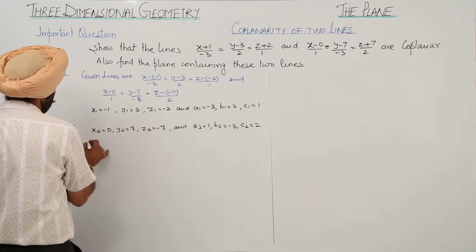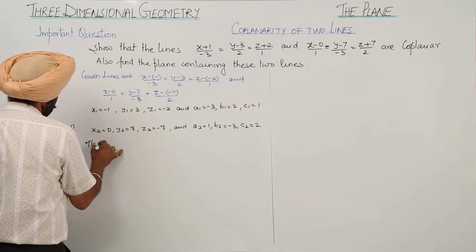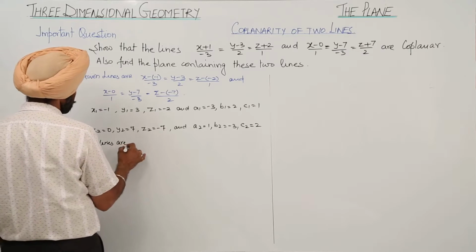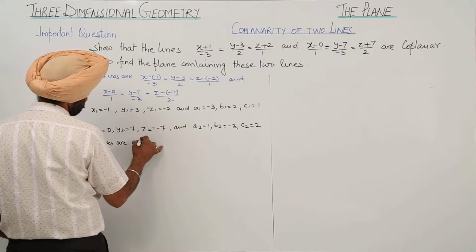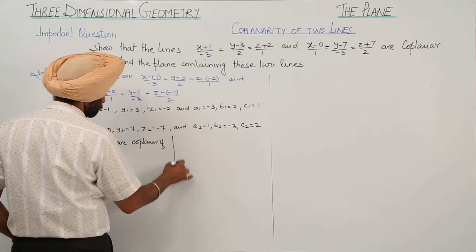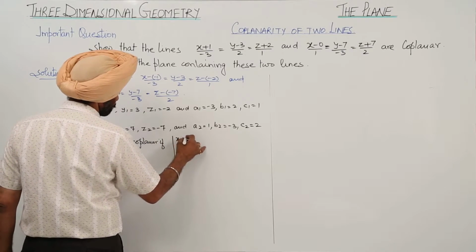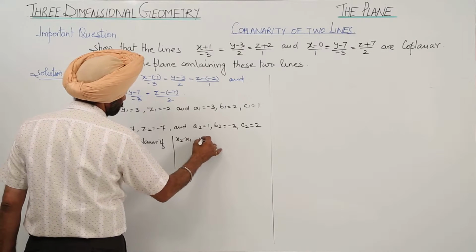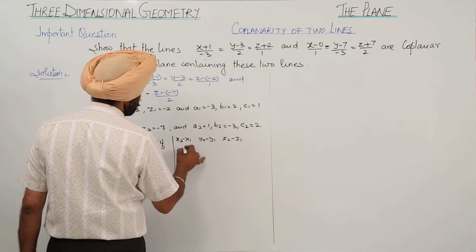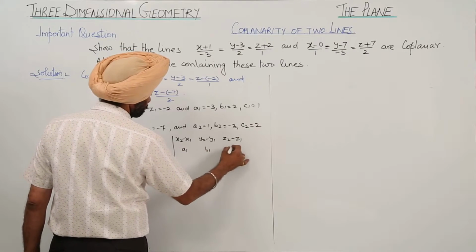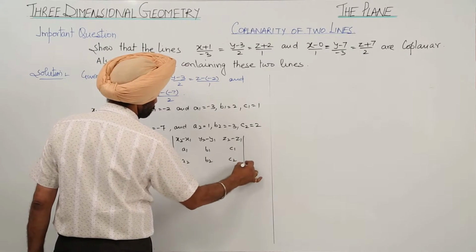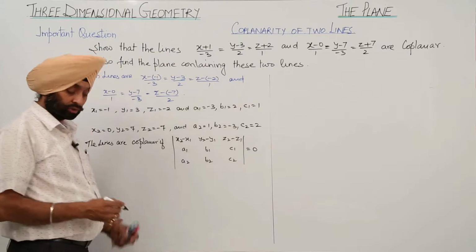Now, the lines are coplanar if the determinant with rows x2 minus x1, y2 minus y1, z2 minus z1; a1 b1 c1; and a2 b2 c2 is equal to 0.